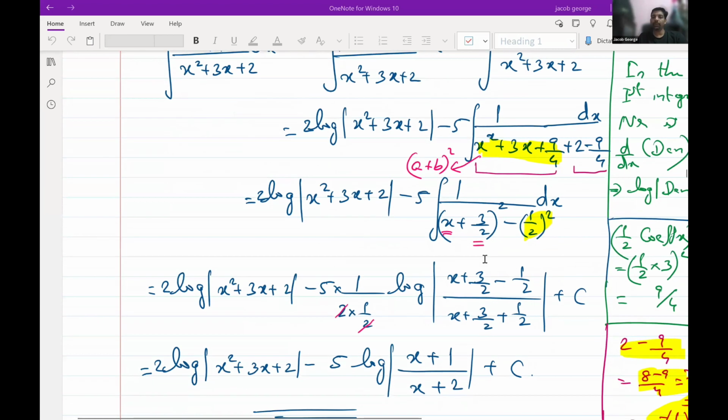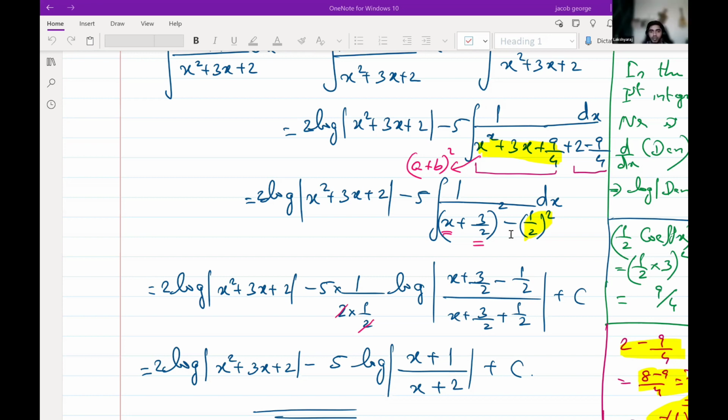Then we get the 1 by x square minus a square form in the second integral. For 1 by x square minus a square, you have to study those six formulas, the special results, well. The result is 1 by 2a, log mod x minus a by x plus a, plus c. Here, in place of x, it is x plus 3 by 2. Is it clear?